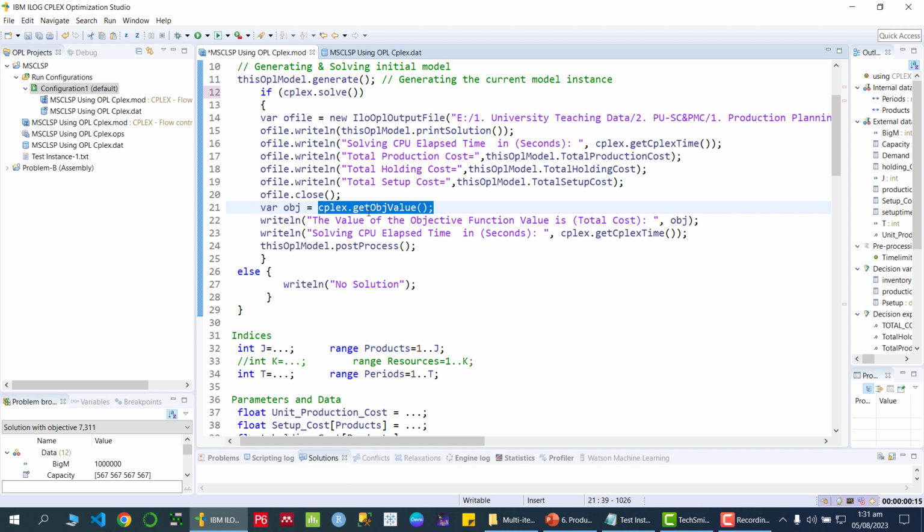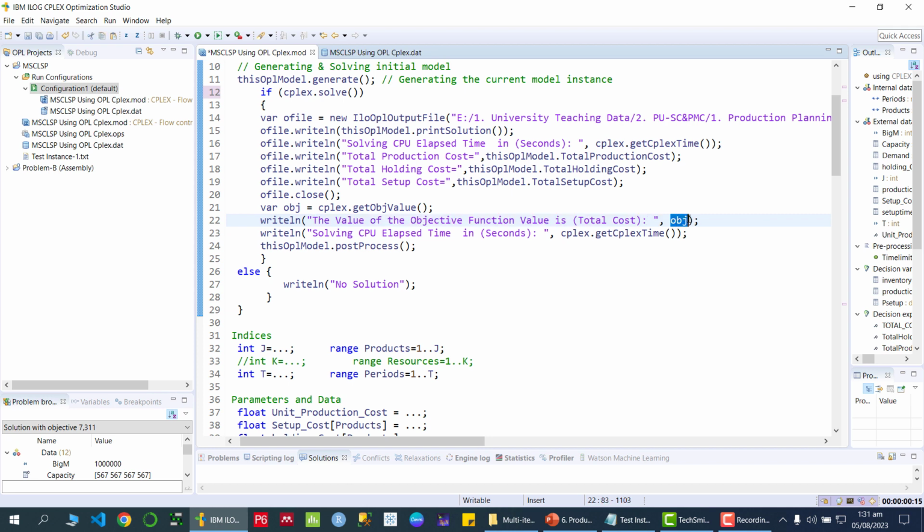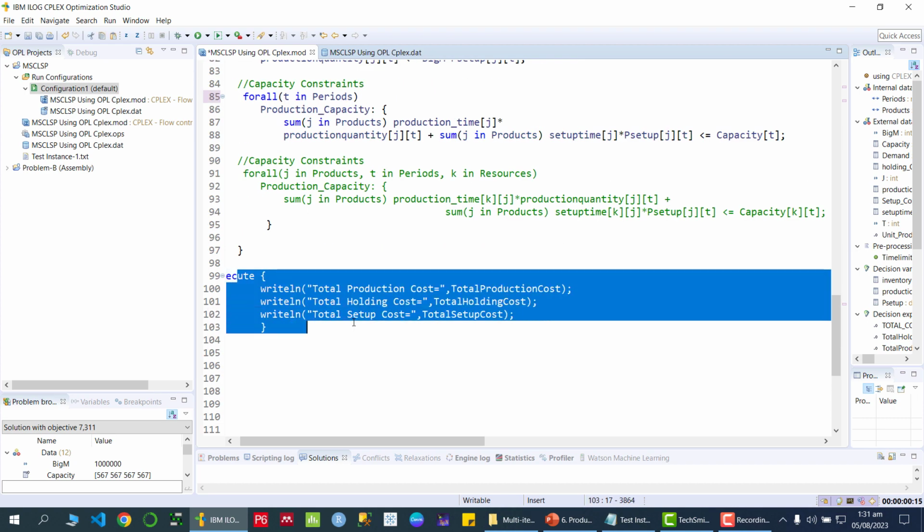Get the objective function value, which means the total cost, and show me that result against this line. This is the line you want to write, and in this variable we have the objective function value, and also show me the time. And then this model dot postProcessing, what does this mean? Post processing means this execute block.